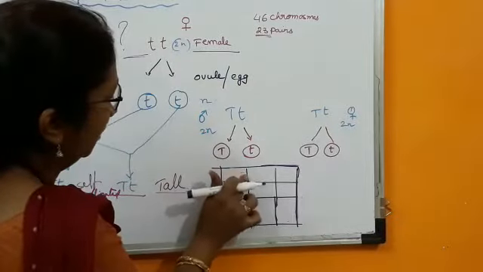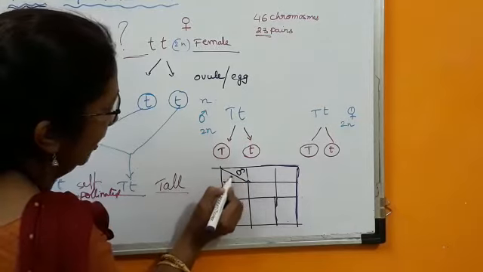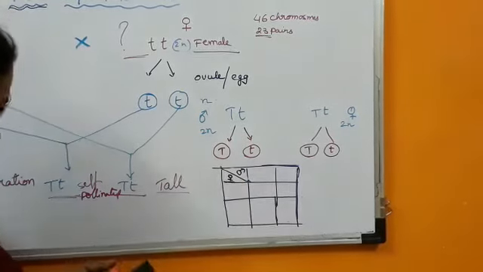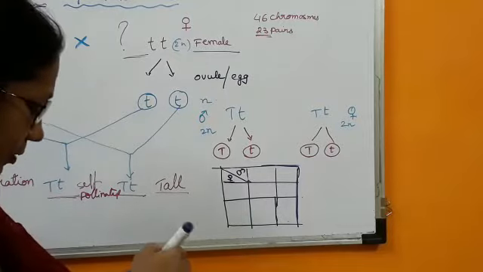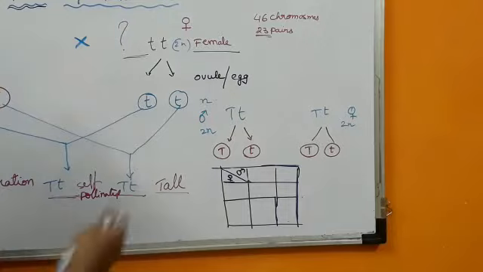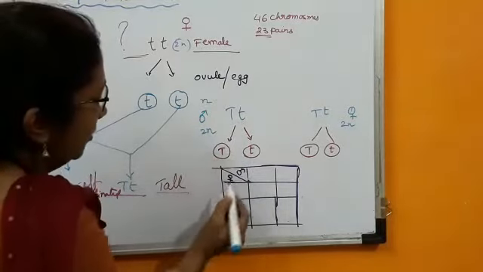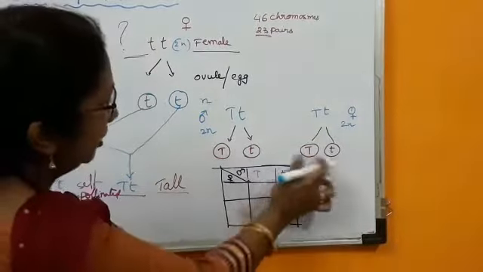So, what he mentioned, here we have to draw lines. Now, this is male and this is female. Under male, what you have? Male, capital T, small t. Under female, what are there?